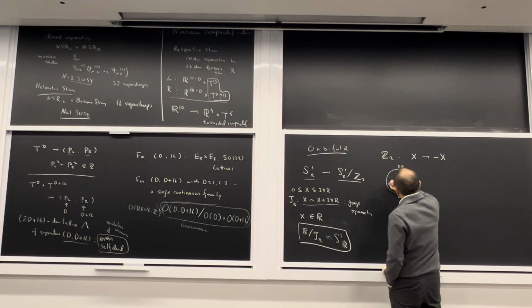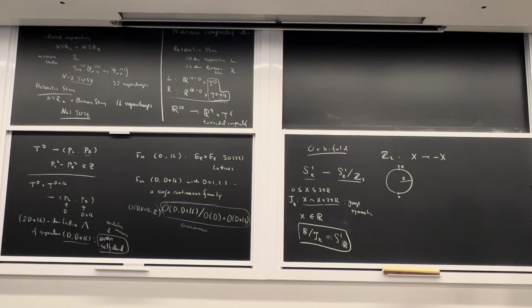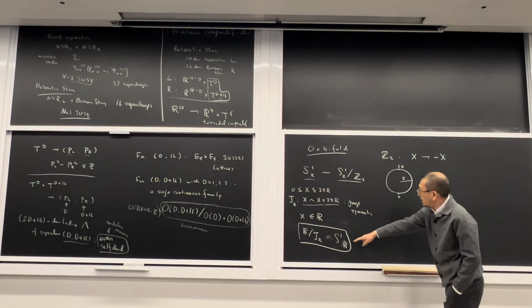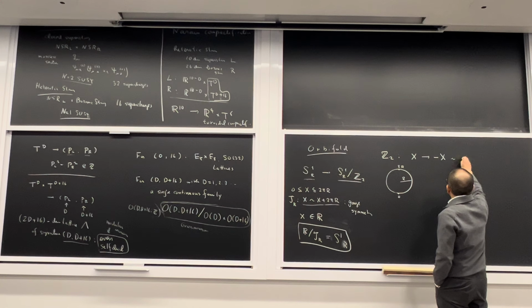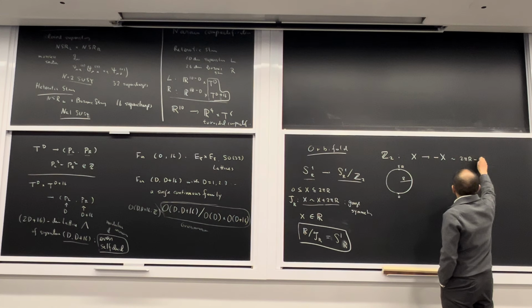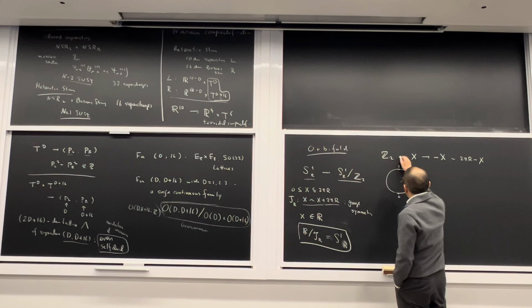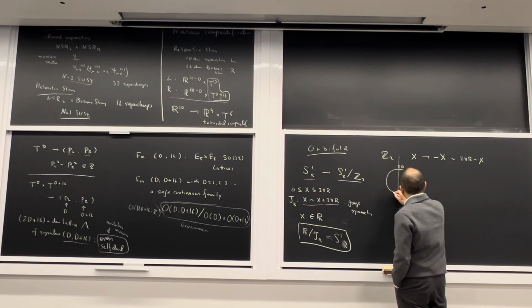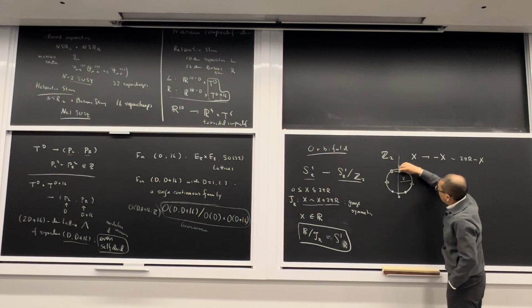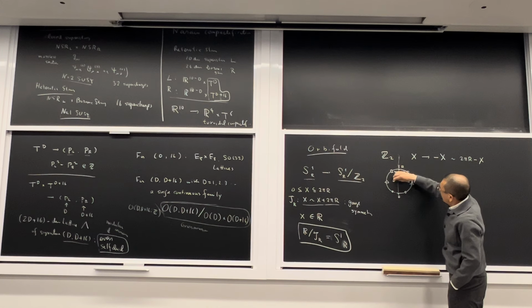If you go to pi r, you come back to the point. Now x goes to minus x, what does it mean? Well, if you combine this with this action, this is also the same as 2 pi r minus x. Namely, this is a reflection along this line. So you identify, for example, this point with this point, and this point with this point, and this point with this point. You have this kind of identification across here.